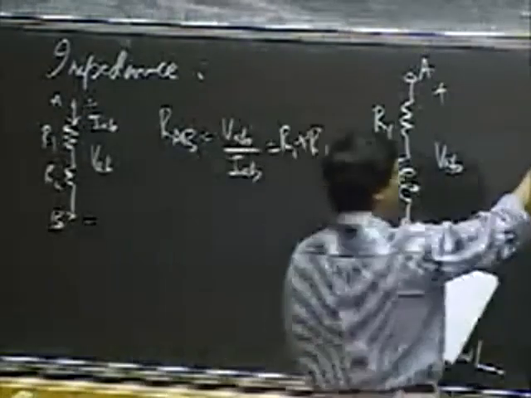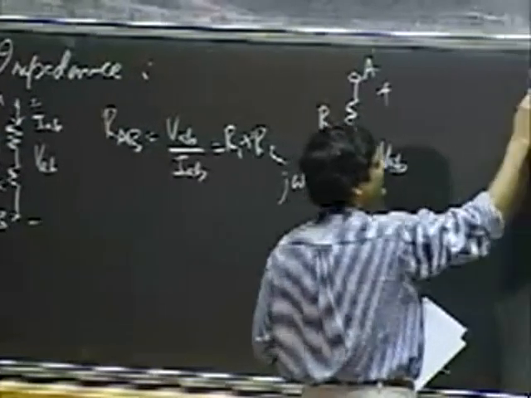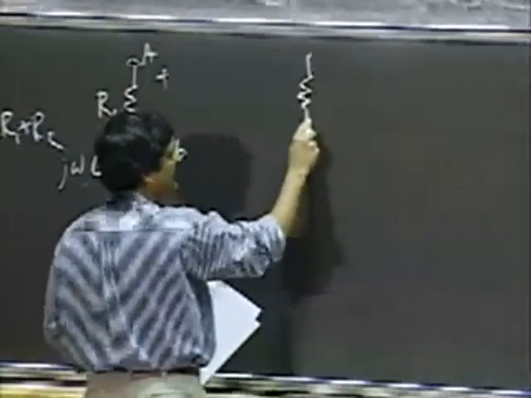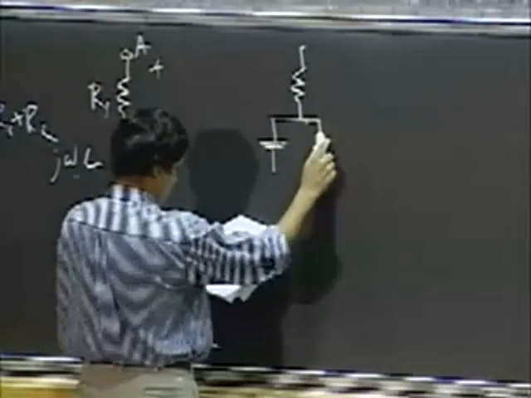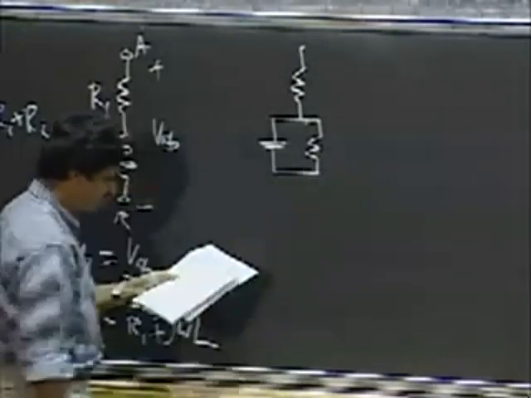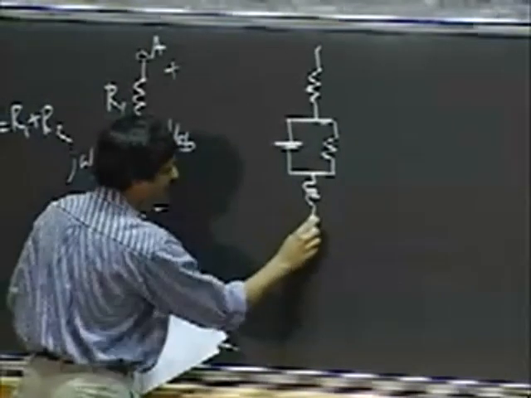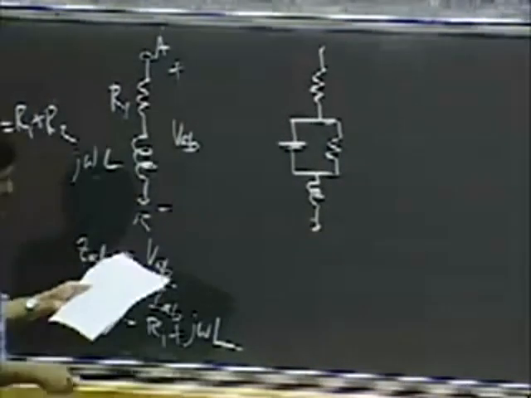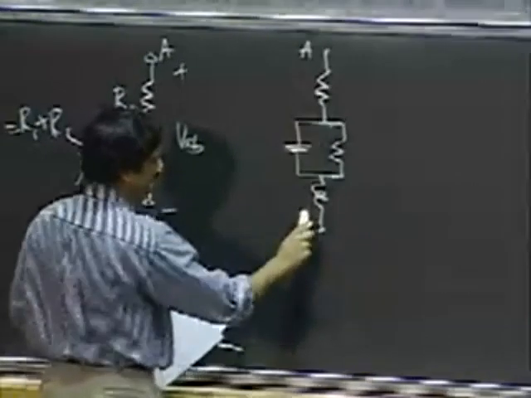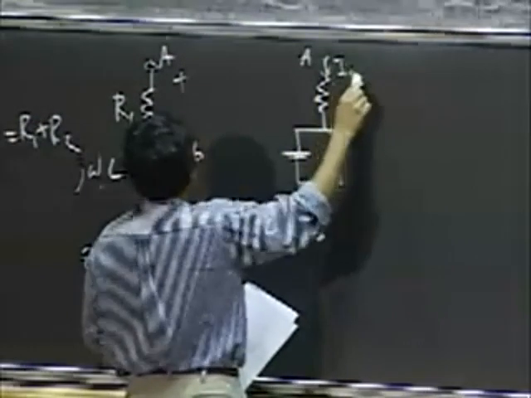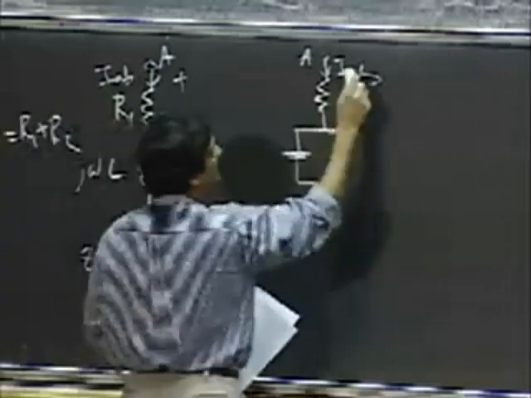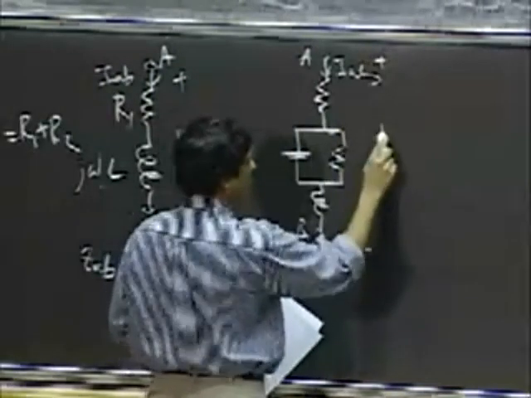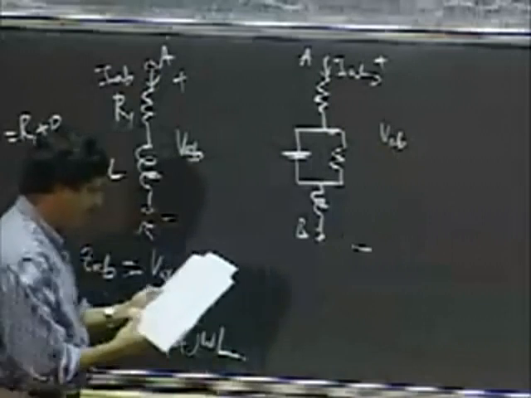Similarly, I can do an even more complicated circuit. So I have a resistance, and here I have a capacitor in parallel with a resistance, and then I add an inductor to it. So this is A, B, IAB, and plus minus VAB.